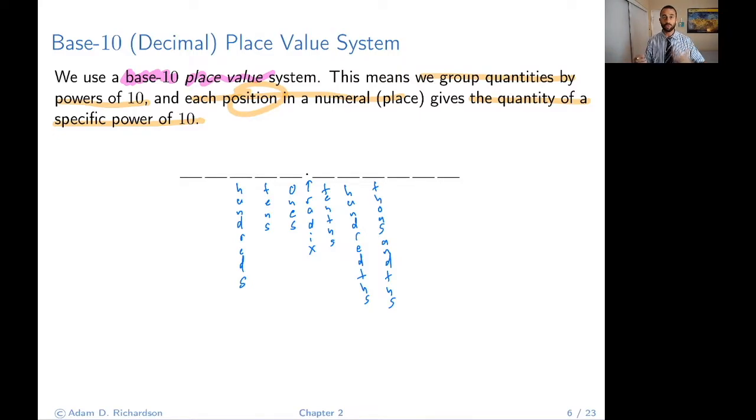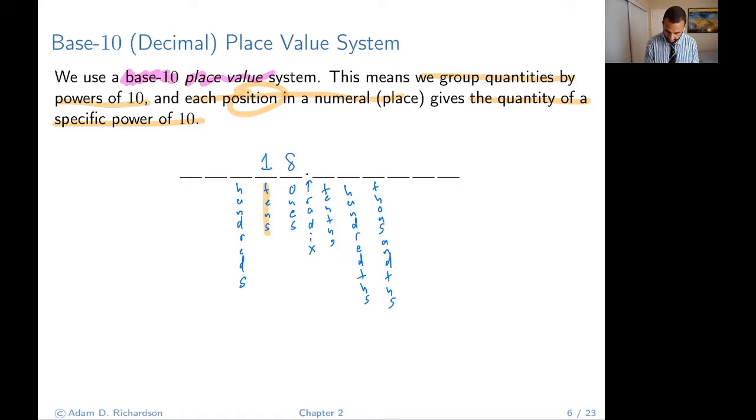Well, what we do is we group by powers of 10. How many tens do you have? Well, in the quantity 18, there's only one whole 10. So we put the numeral 1 right here in the tens place to indicate that there's one group of 10. And then how many little bits are left over? We have 8 more things, right? Well, that's not enough to make another whole 10.